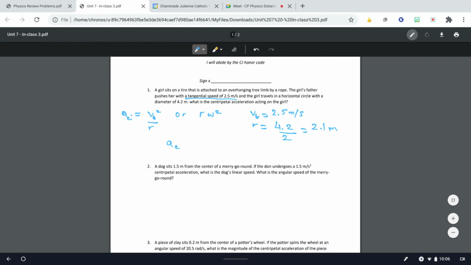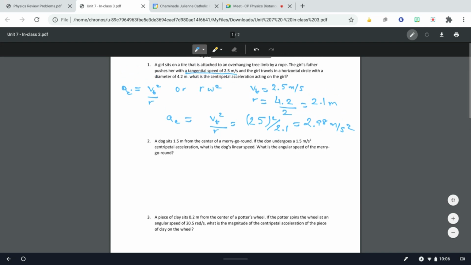So now you can find centripetal acceleration as Vt squared divided by r, because this is all the information that we have. So you can use 2.5 squared divided by 2.1, and that's going to give you 2.98, and the units are going to be meters per second squared, right?